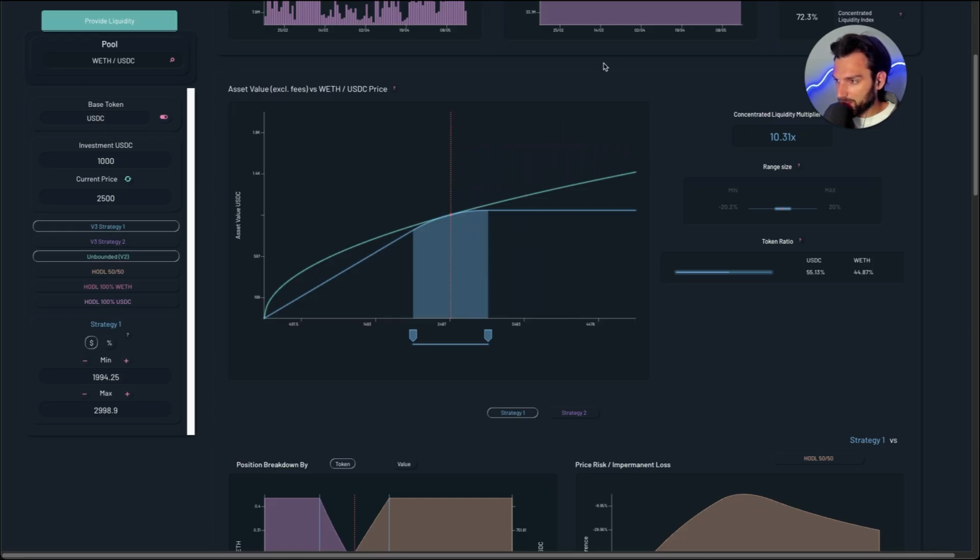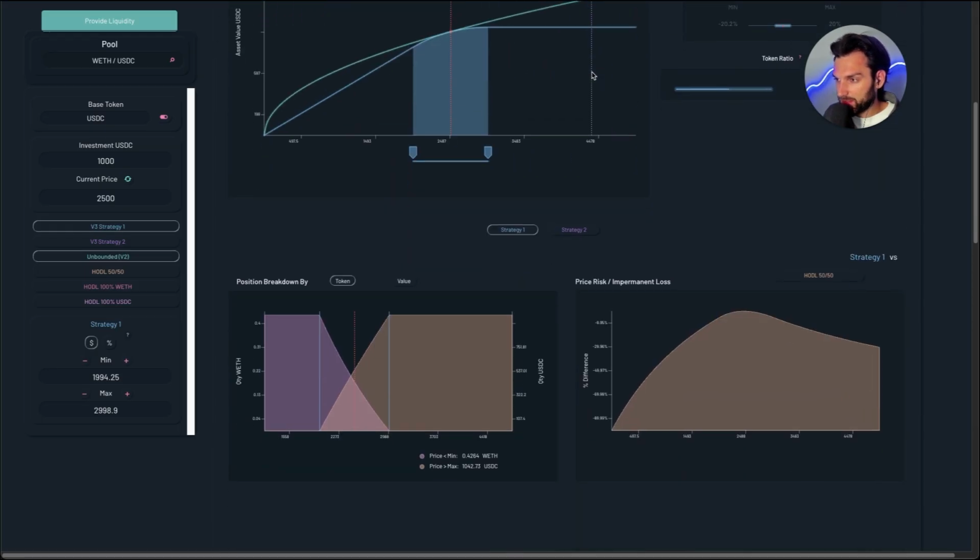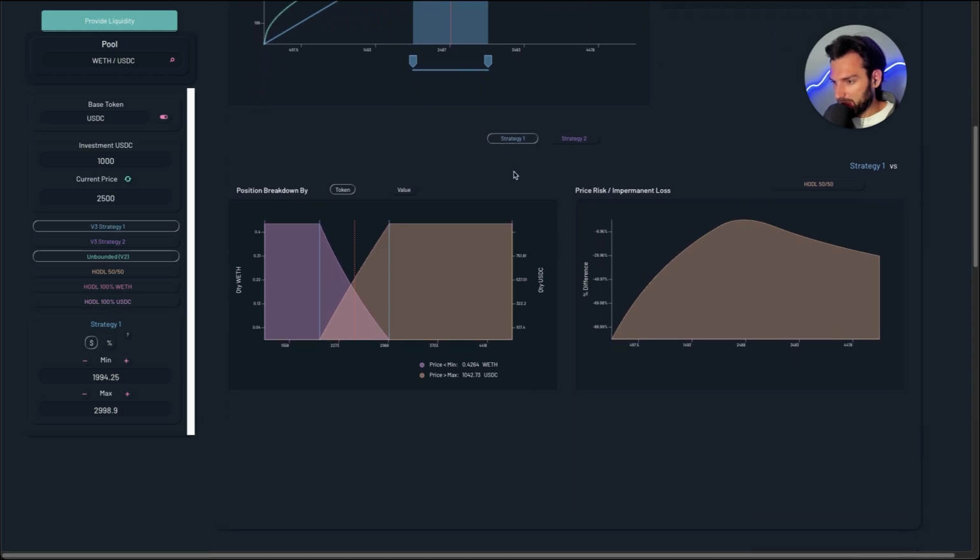It's going to be way clearer with the other calculator down here. So this is our liquidity pool. On the left side, purple is the amount of Ethereum. On the right side is the amount of USDC. And remember, when price is in the middle, we have around 50-50.